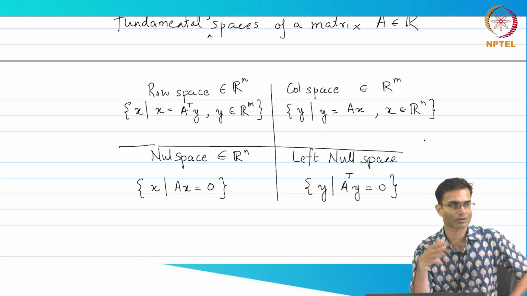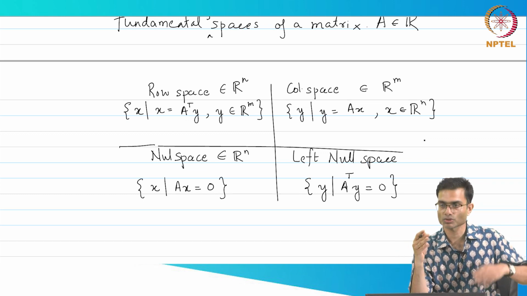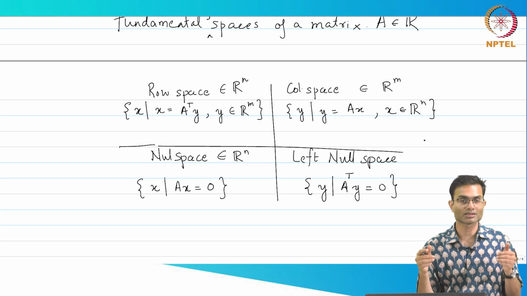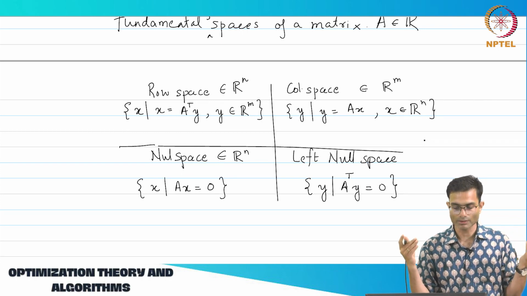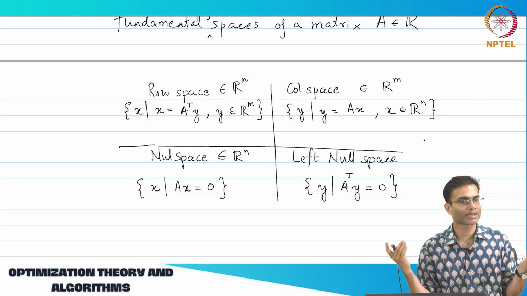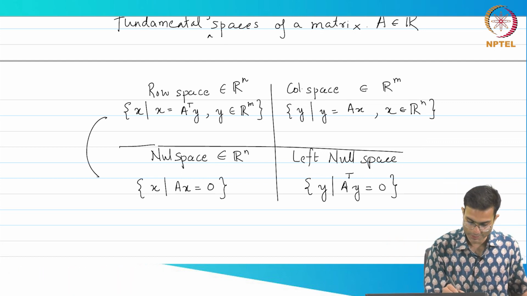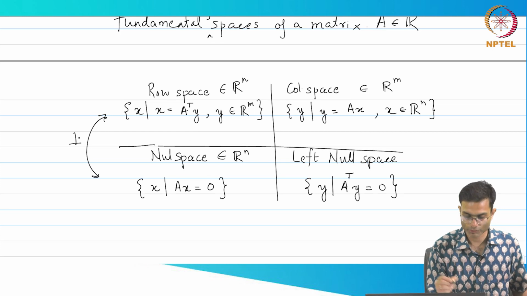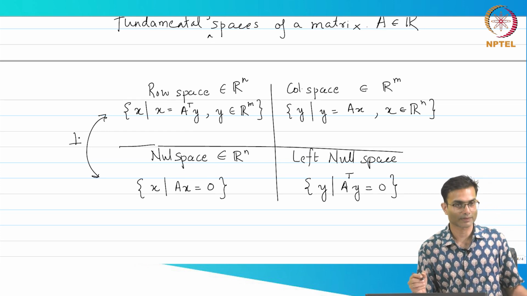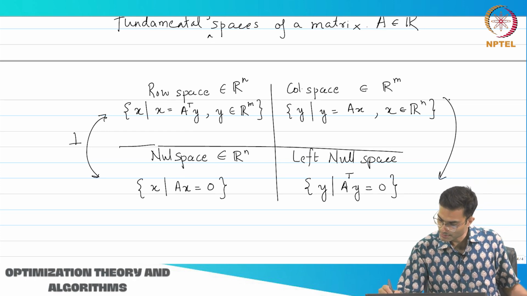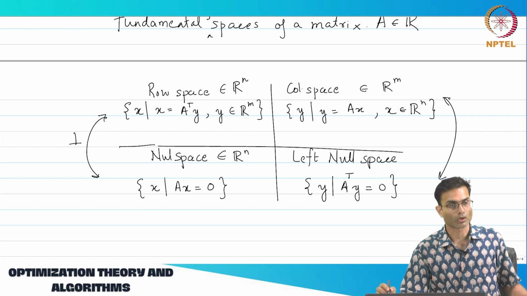No, I mean they are the wrong sizes. So if I take the row space and I take the null space, these are both vectors living in Rn. It turns out that these vectors are orthogonal to each other, right? So between this and this, there's an orthogonality relation. That's one thing. Between this and this, there is an orthogonality relation.